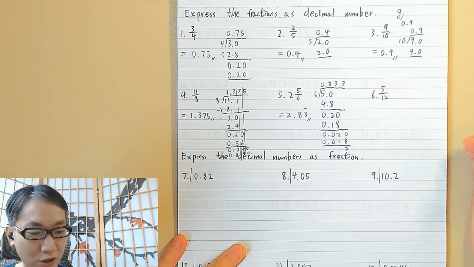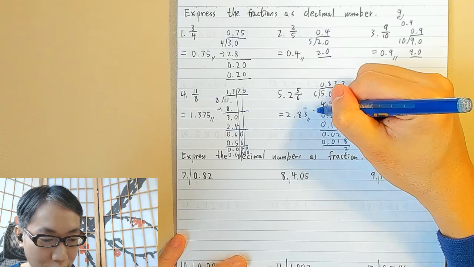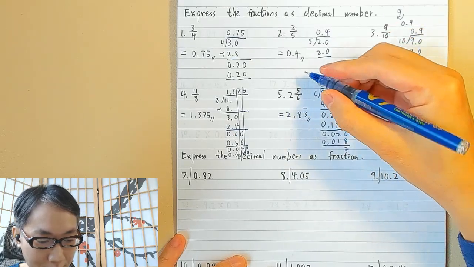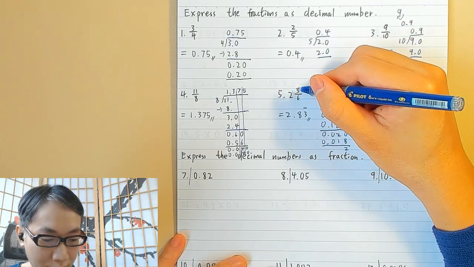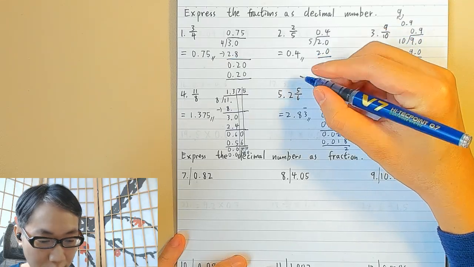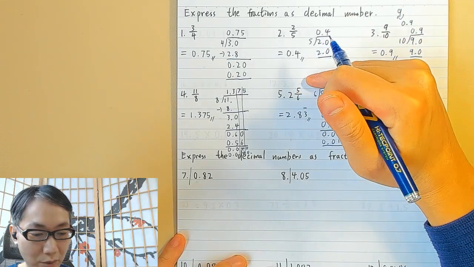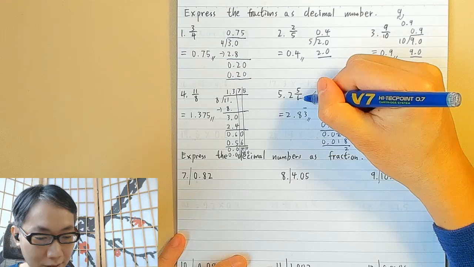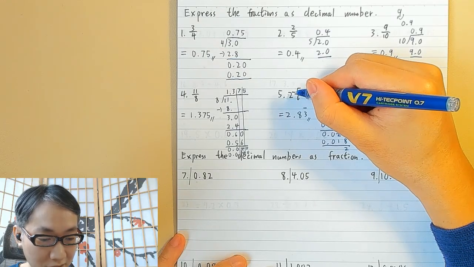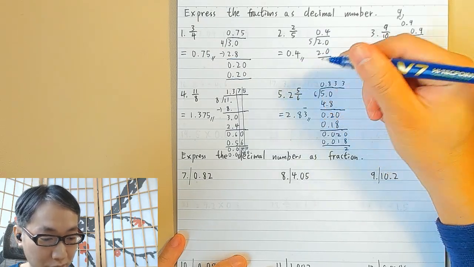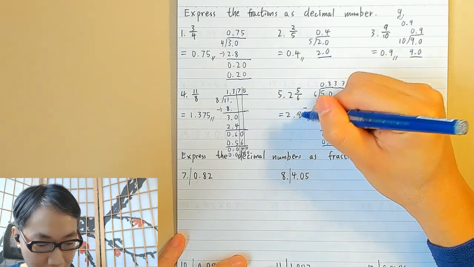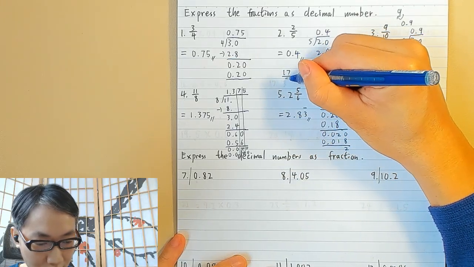So we see this is recurring, so this is 2.83 recurring. Or in fraction, if we turn it to an improper fraction, which means the numerator is larger than the denominator, then it's 6 times 2, which is 12. 12 plus 5 is 17. So this is also 17 over 6.